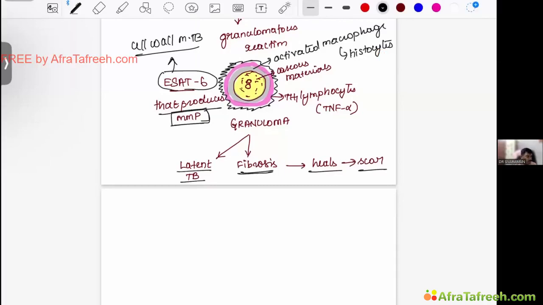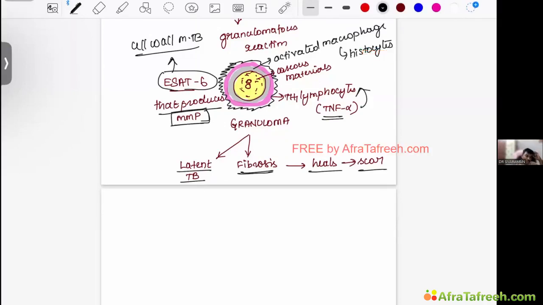So for those of you in rheumatology, what I told you, what precaution you have to take before starting TNF alpha. In rheumatology, what I told you before starting TNF alpha, TB has to be ruled out, because whenever you give TNF alpha antagonist, this outer layer will get broken.